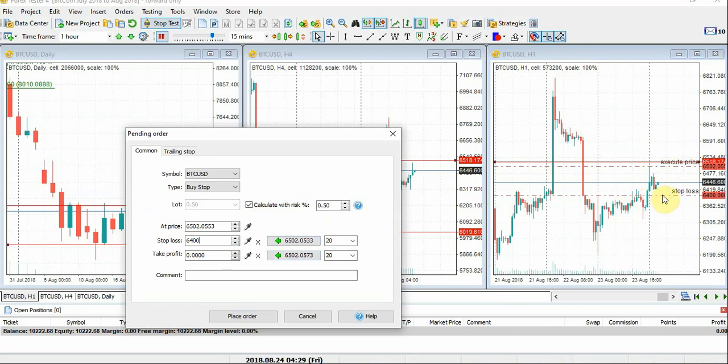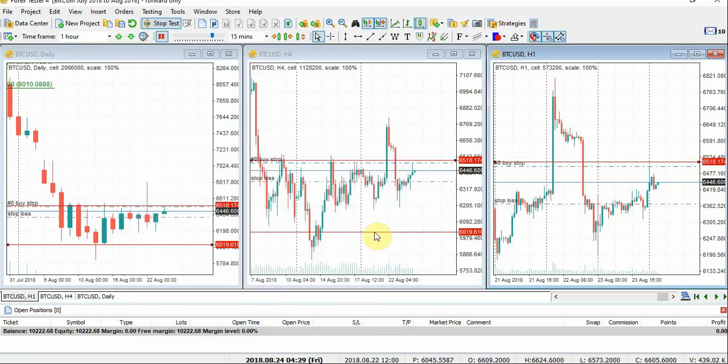So I'm actually going to keep that a bit further away. I could keep it down at 63.70 because I don't know just how violent Bitcoin is. Let's see if this kind of stop loss works.